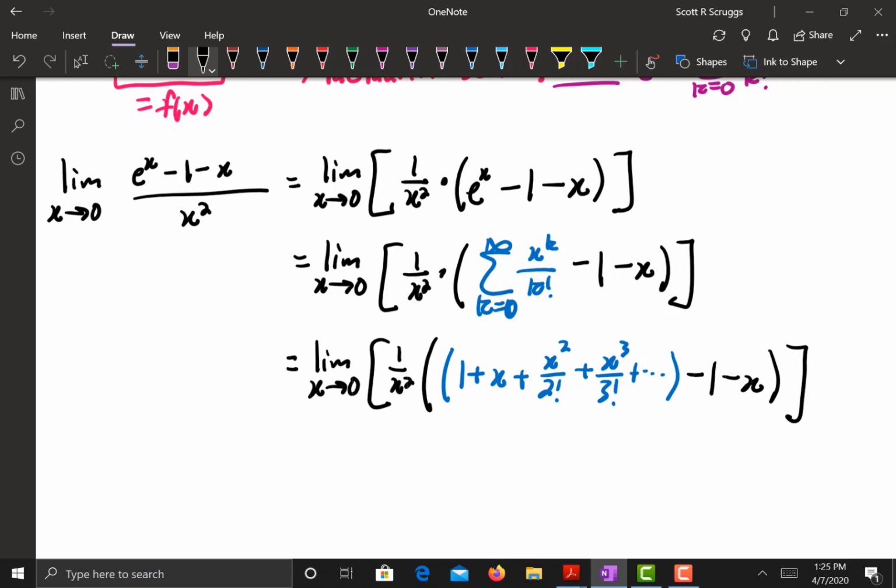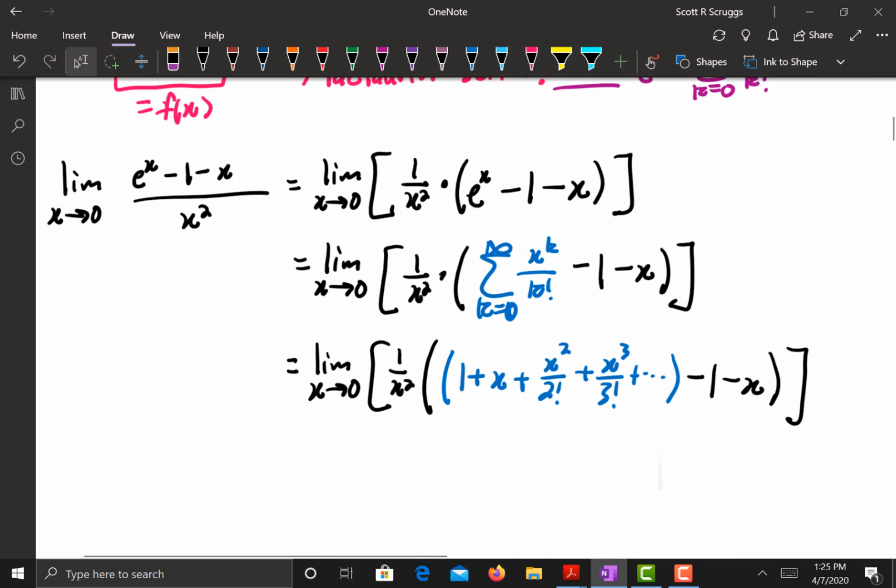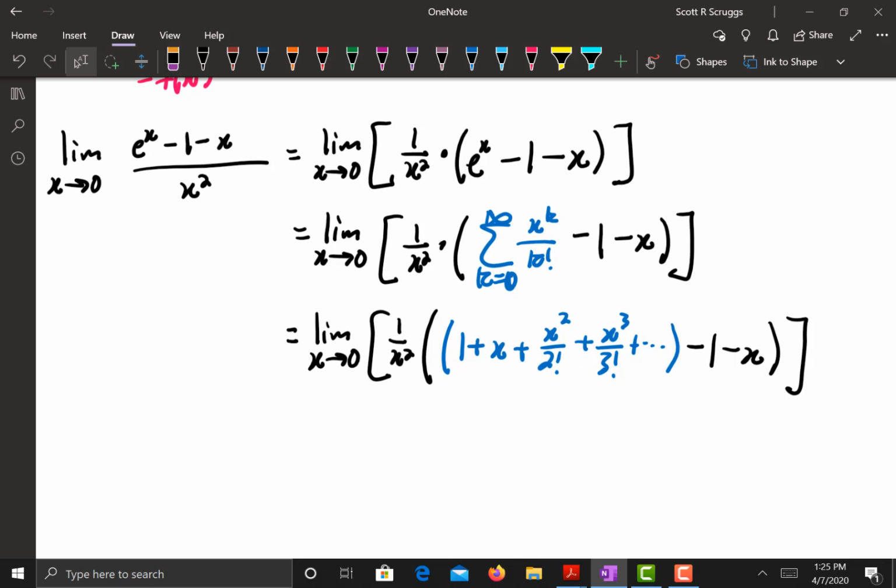And now it's more clear how I can simplify after expanding the Maclaurin series. Because I have 1 minus 1, so those 1's get to go away. I have an x minus x, so the x's get to go away.